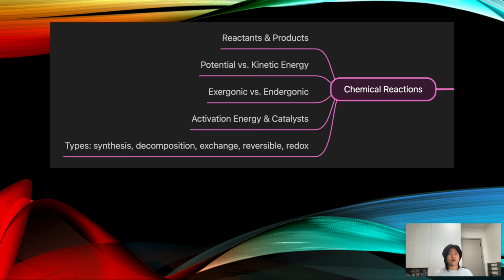So a synthesis reaction is anabolism. Connecting to what we talked about before, anabolic reactions are typically endergonic because they're absorbing more energy than they release, and they combine simple molecules into larger molecules. We also have catabolism, which is the case of decomposition reactions.